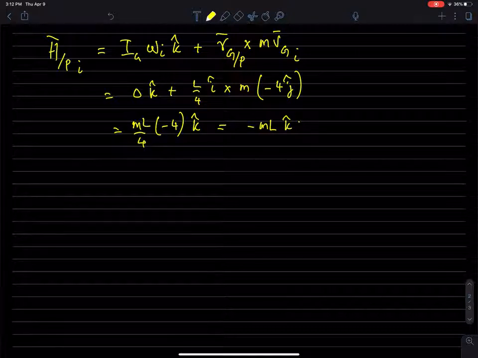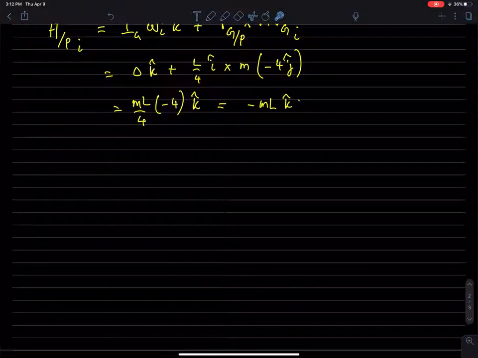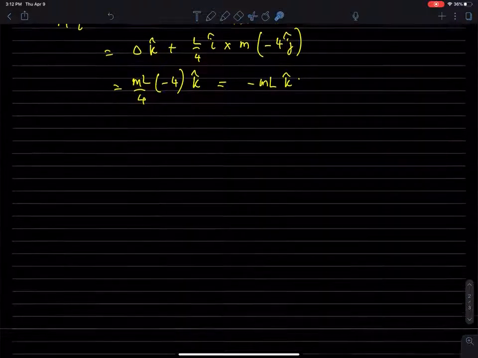This is in some weird units, but we're not going to worry about it. Maybe we should have substituted vG later on, but we'll just leave it as it is for now.